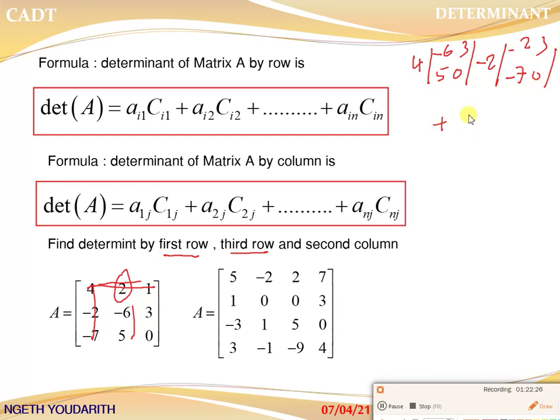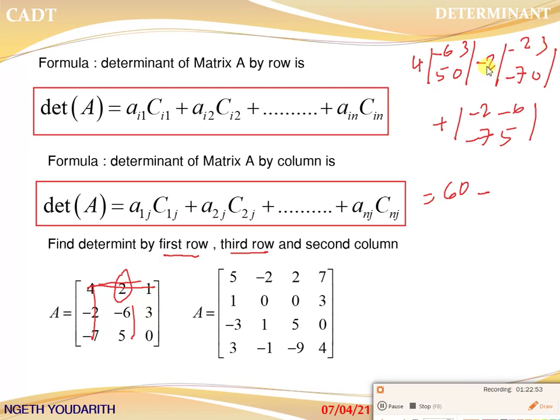And plus 1 with minus 2, minus 6, minus 7, and 5. So we get 0, and 15. 15 multiplied by 4 is 60. This one is 0. This one is 21.